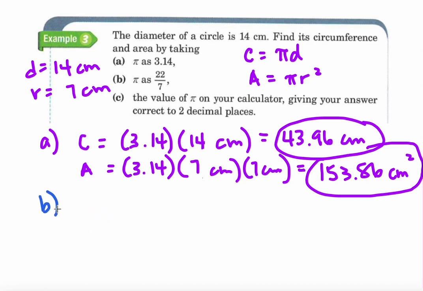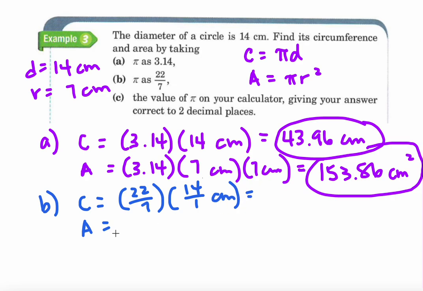B. B wants us to use 22/7. I'm secretly dreading this because I don't want to have to deal with fractions. Sometimes it's great, sometimes it's not. Ooh, this one might be good because I have 14 and 7. I'm going to put it as a fraction.